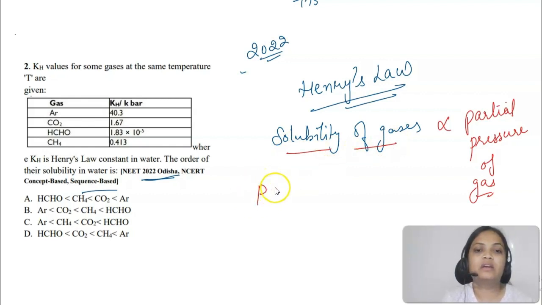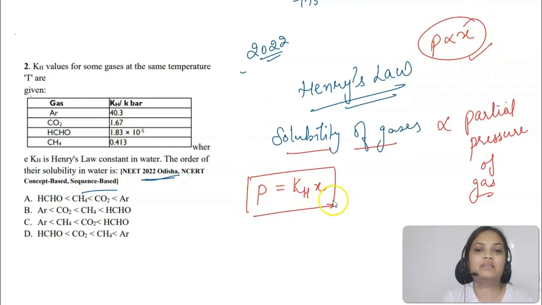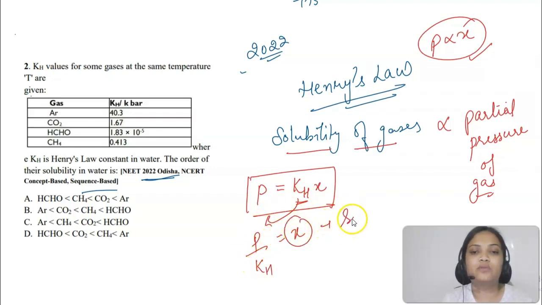So P is equal to KH X, which means P is directly proportional to the mole fraction, where KH is the Henry's constant. KH will go in the denominator and X is the solubility, if I denote the mole fraction by the solubility.